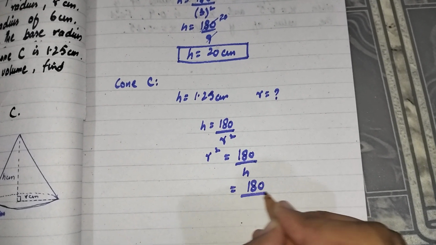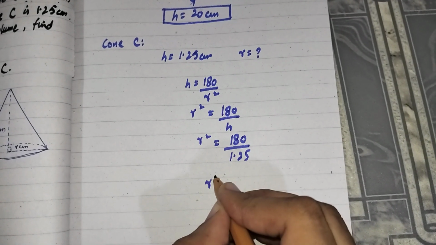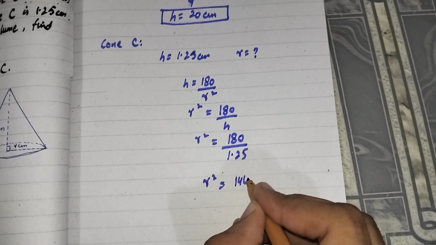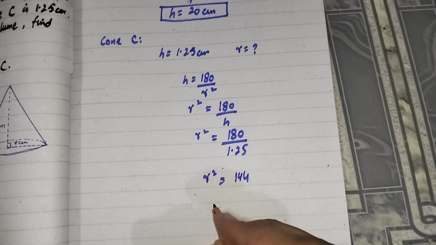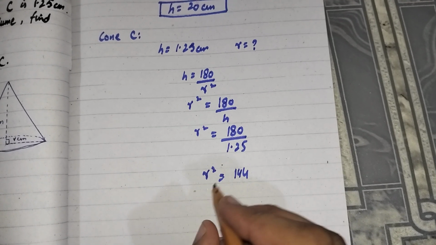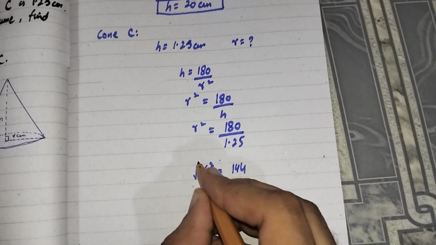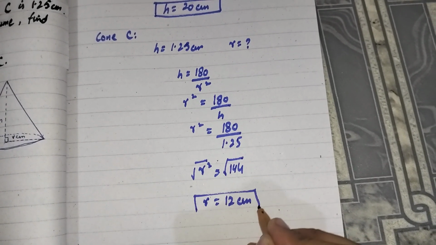So 180 will be divided by 1.25, and r square is 144. To find the radius, we take the square root on both sides. So r will be equal to 12 centimeter.